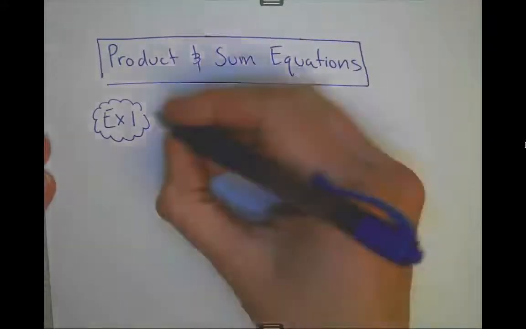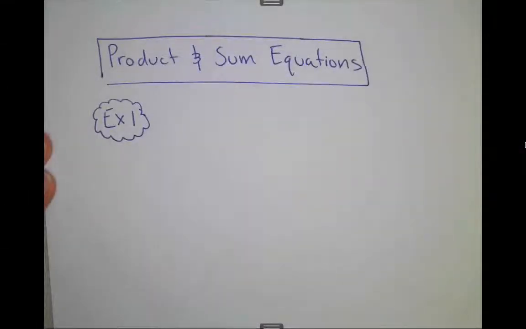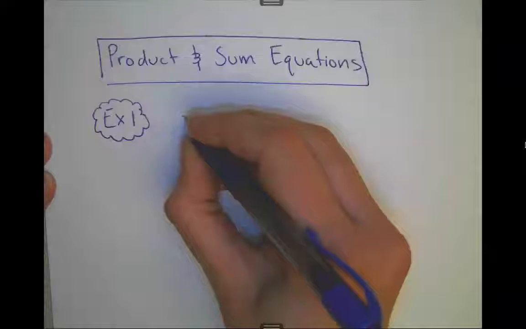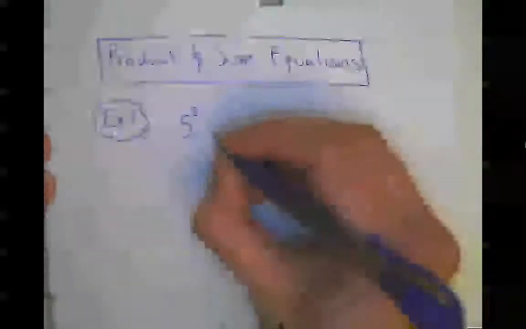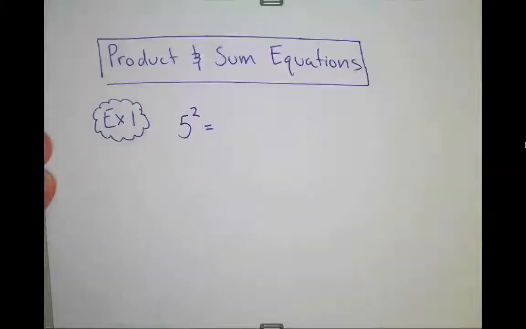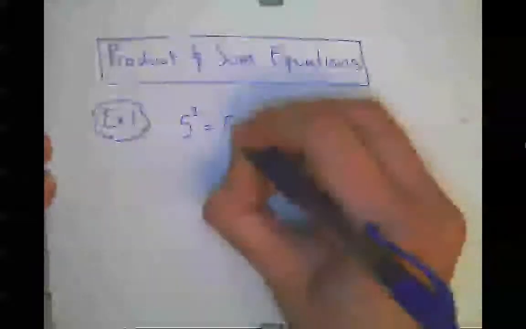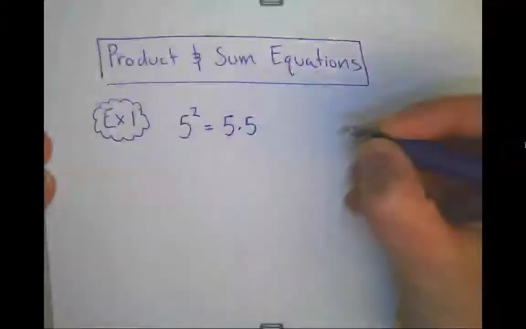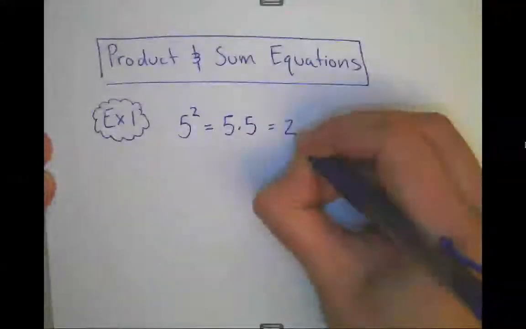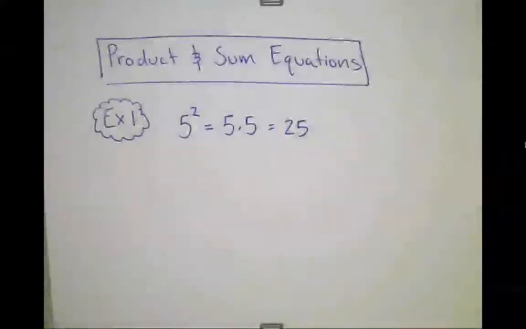So first off, we're going to do an example here, and we're just going to talk real simply about powers for a second. If I told you I had 5 squared, most of us are pretty comfortable with saying, oh, that means 5 times 5. And 5 times 5 is 25.